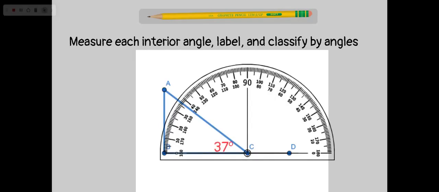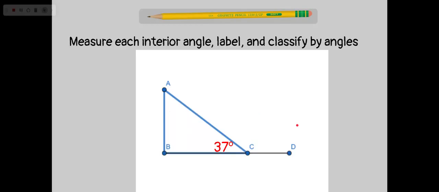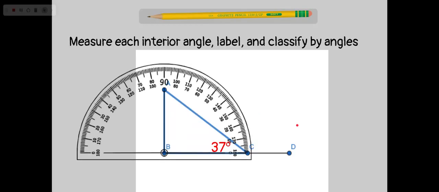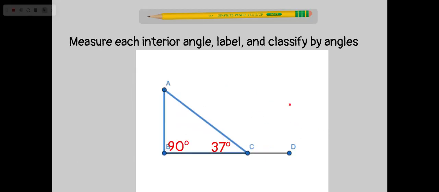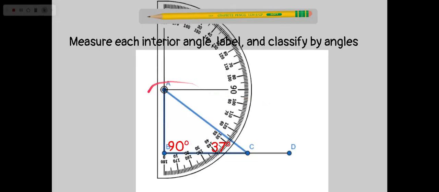For this angle C, it should have been 37 degrees because it's a little bit more than 35. And again, it's acute, so you're not going to use the 140 number. For this angle, you could probably eyeball it, but it is 90 degrees. And then I had to turn my protractor to measure this top angle.